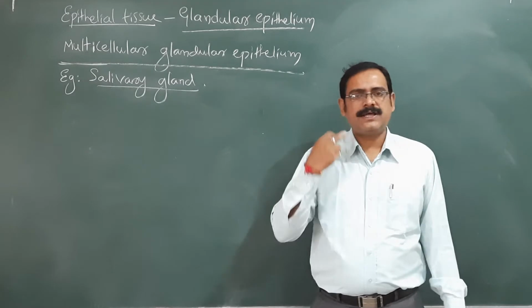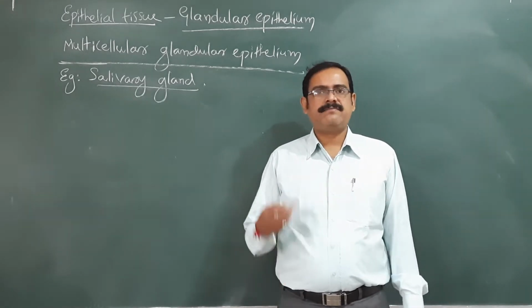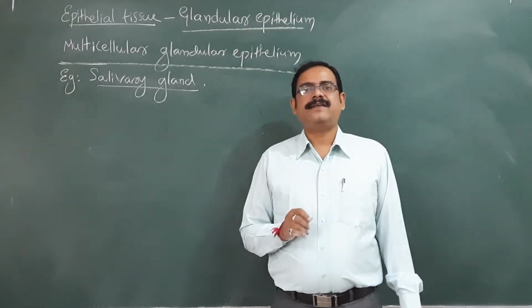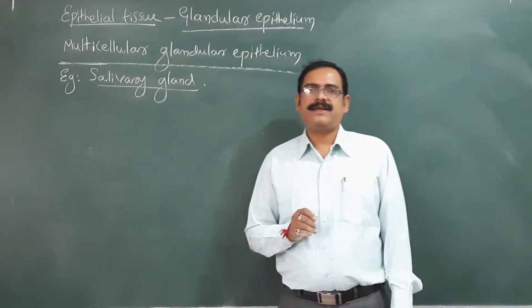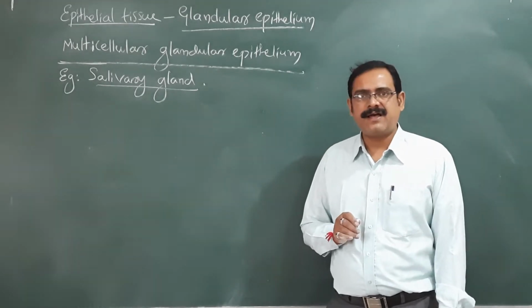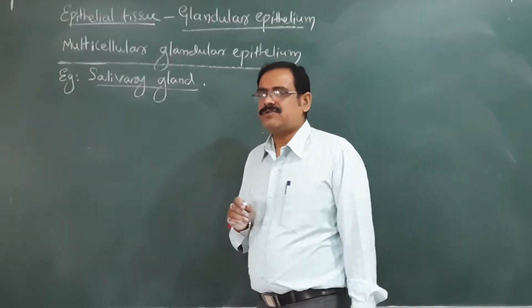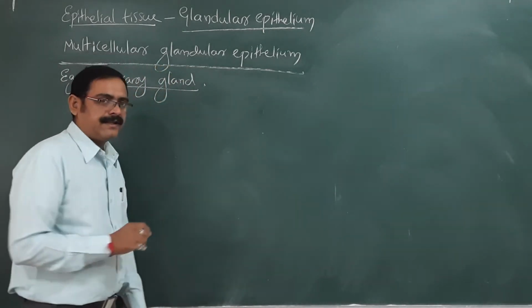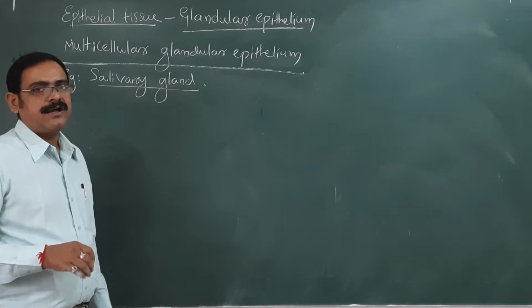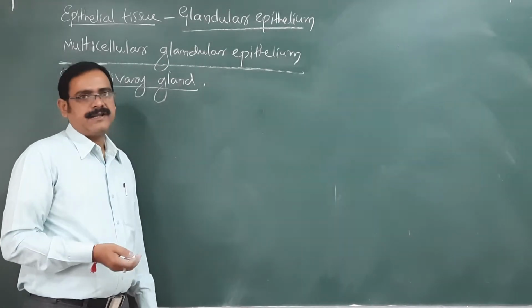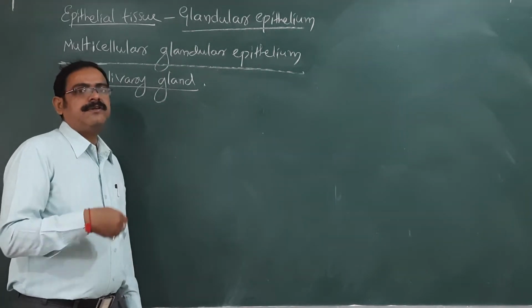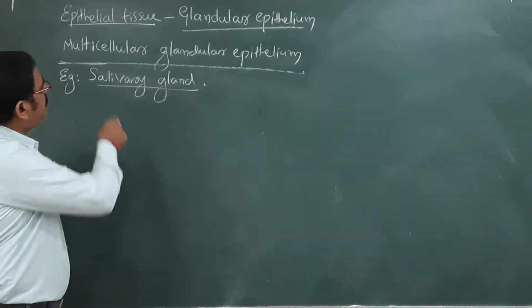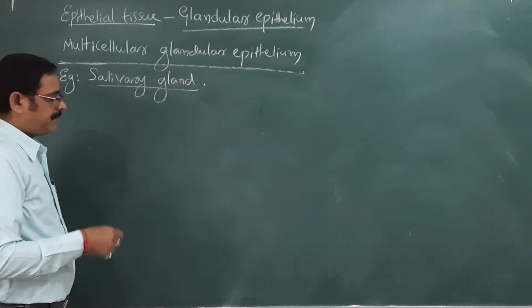And near the maxilla there are the submaxillary salivary glands. So we have three pairs of salivary glands, and they secrete the saliva. Saliva is useful in breaking down starch or complex carbohydrates into simple carbohydrates. So salivary glands are the best example for multicellular glandular epithelium.